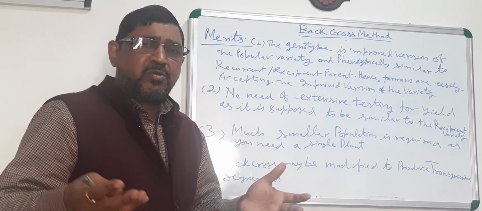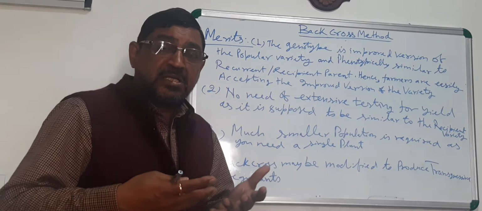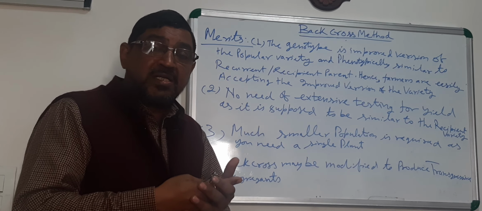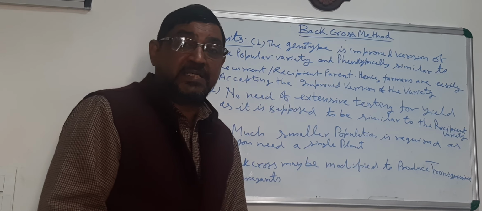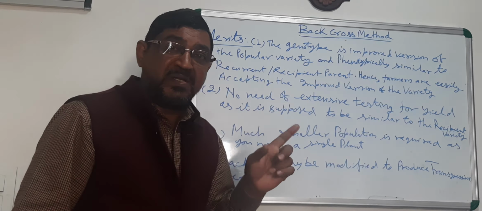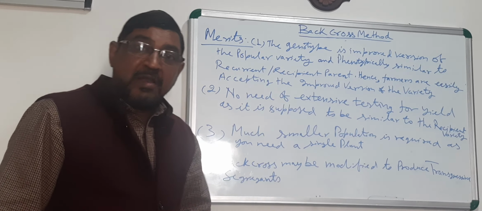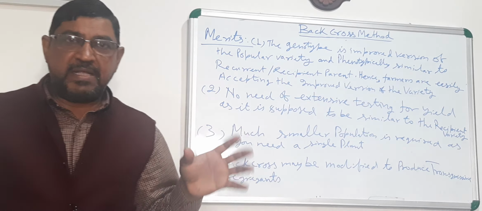So you get more variability, and because of more variability you can get good transgressive segregants. But if you are getting transgressive segregants, you are going to develop an entirely new variety. Transgressive breeding develops a new variety that will not be an improved version. So you can very well see the merits of the backcross method.